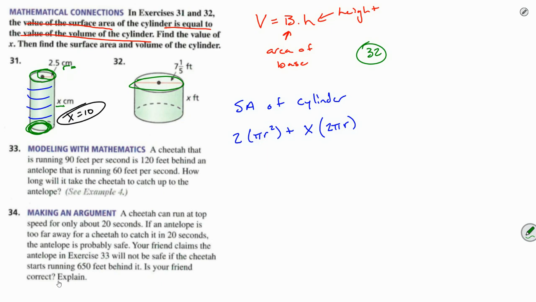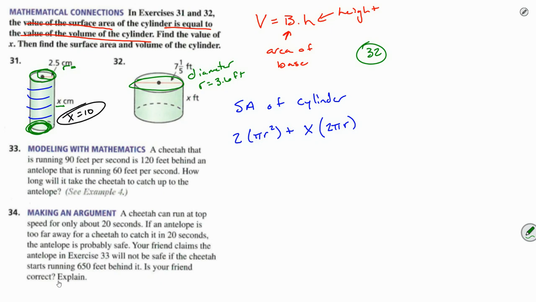Now this thing is implying that this is a diameter. So what I'm going to do is take 7 1/5, turn it into a decimal, which is 7.2, and then divide it by 2, and figure out that the radius is 3.6 feet, just so that I can use all the same formulas that I was using.